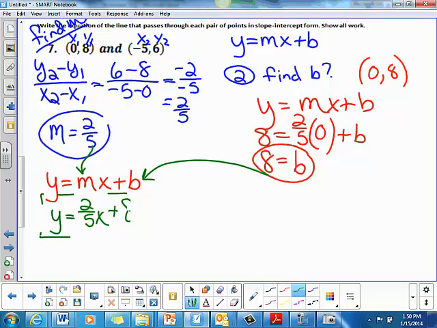Absolutely. That's it. That is how you're going to do number 7. 3 steps. Number 1, find slope. Number 2, find b. Number 3, take the slope and the b and plug it into this equation. This is example D. Okay?